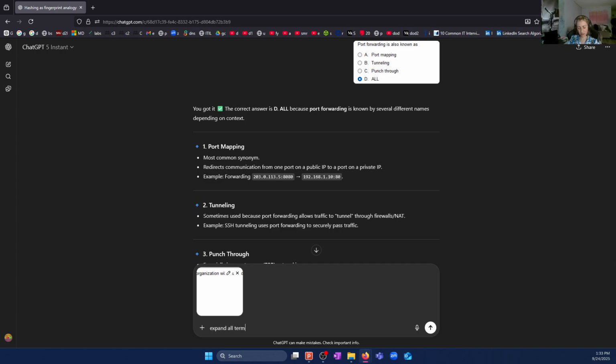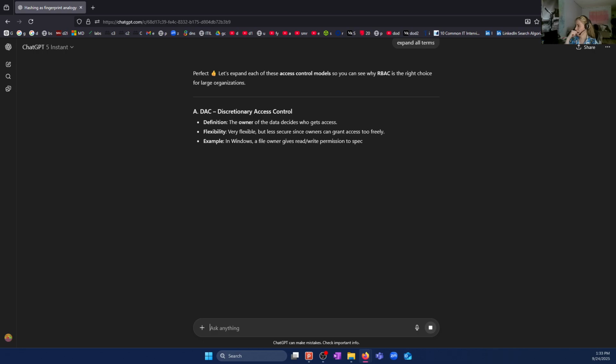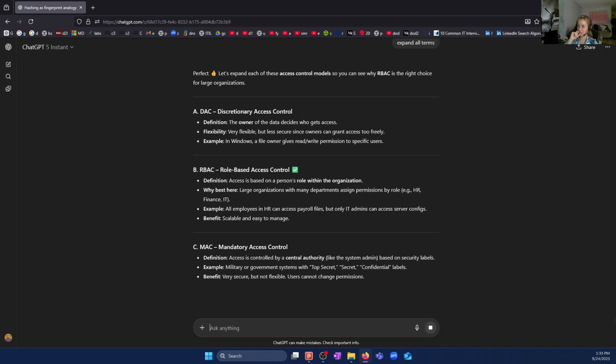Expand all terms. Okay. Discretionary access control, it means at the discretion of someone. The owner of data decides who gets access.